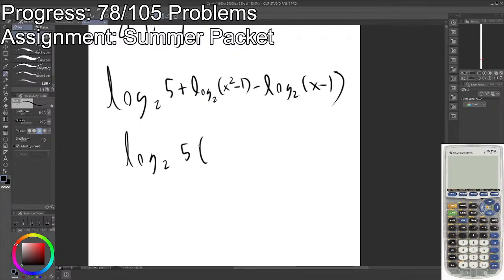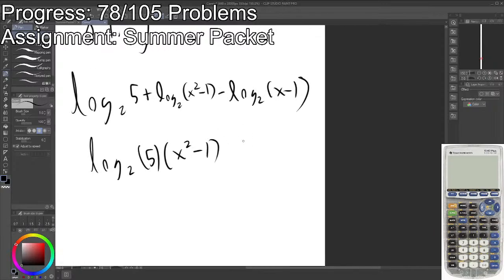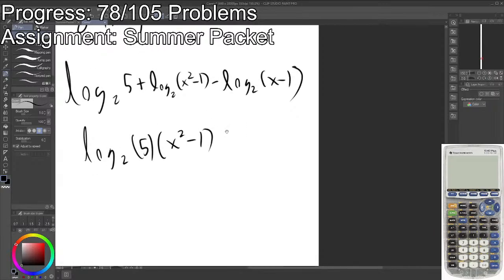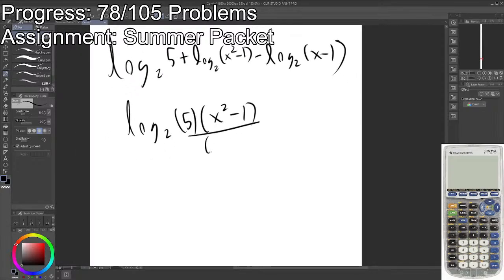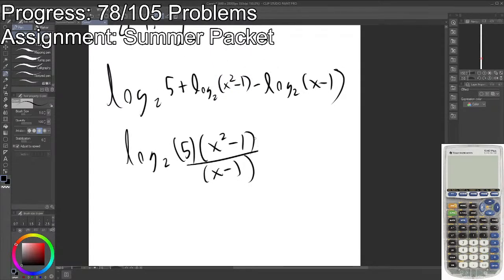So 5 times x, x squared minus 1. And those are being added. If they're subtracted, you divide. Yeah, you divide. X minus 1. So yeah, it looked like that.